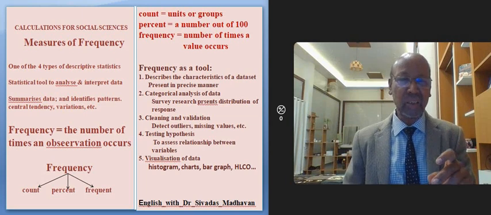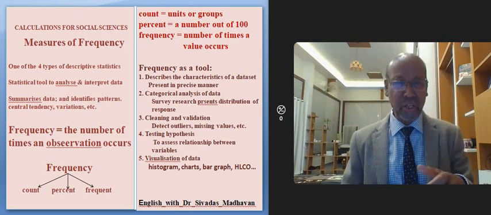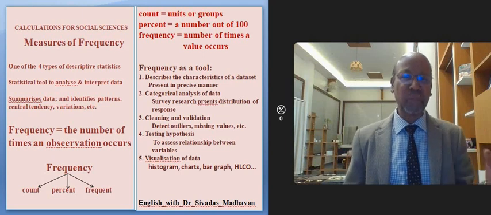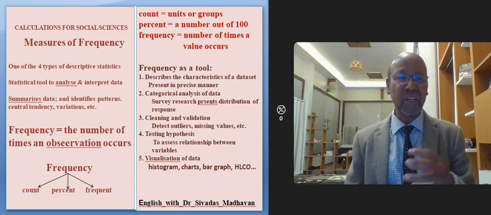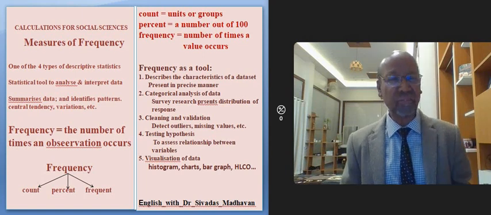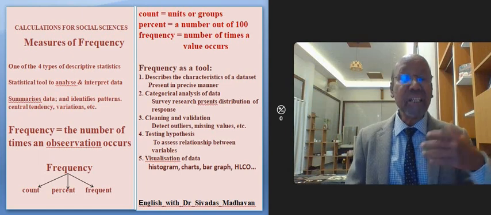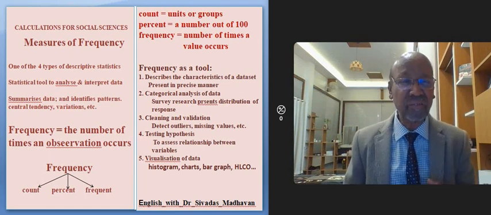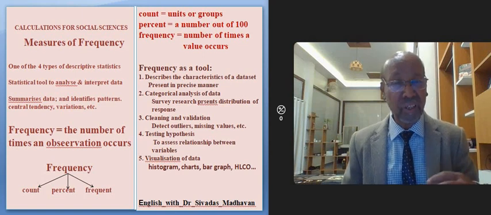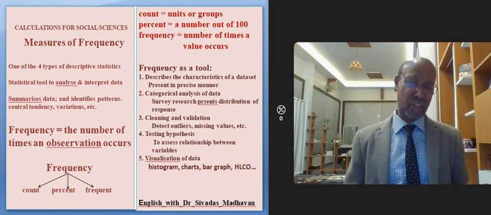Or bar chart, pie chart, HLCO, etc. All these technical explanations with the help of figures, charts, diagrams, etc. we can present the data. That is also with the help of frequency. So these 5 different types of functions we have with the help of frequency.